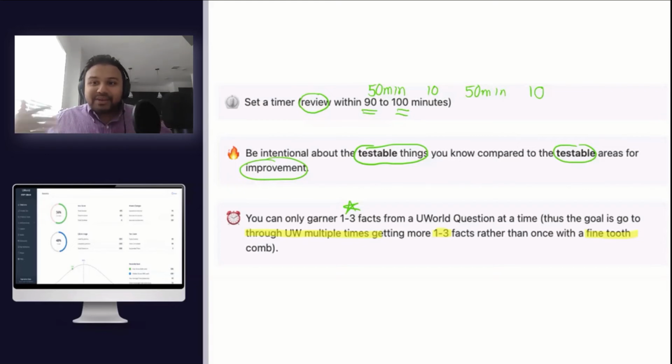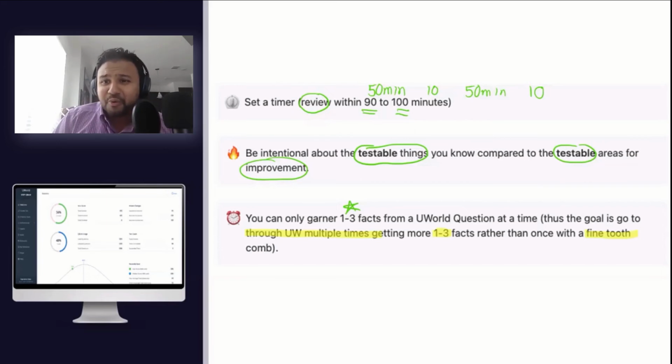Why I think the repetition is going to help you is because every single time you're getting something new from that. And that's different than trying to master it for the first time, all the time, with haphazard notes and random Anki cards. One concept that I want to combat right here on this webinar is that people say, oh, I don't want to do that question bank again because I'm going to remember those questions.